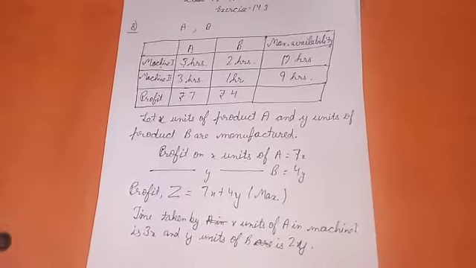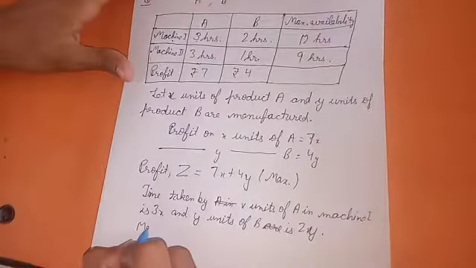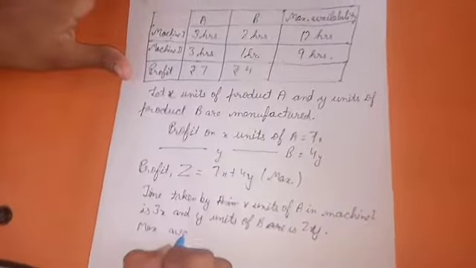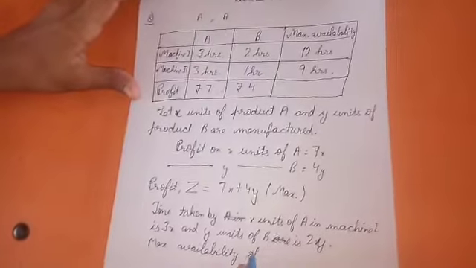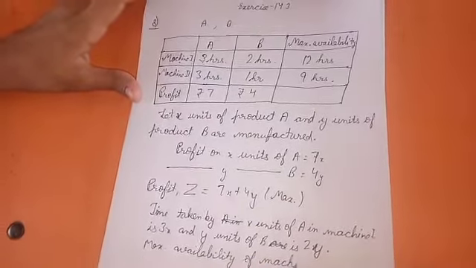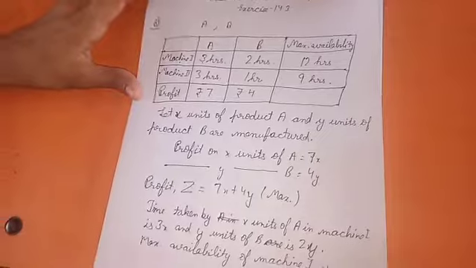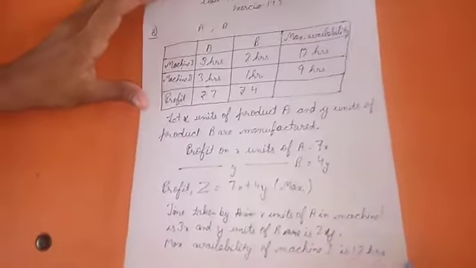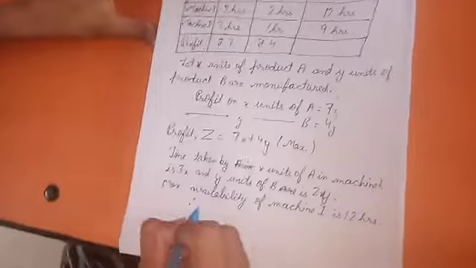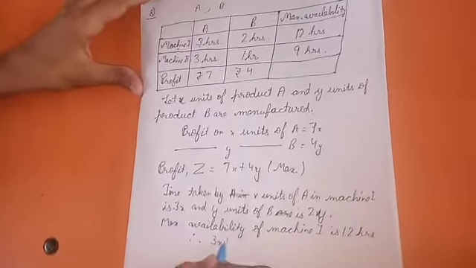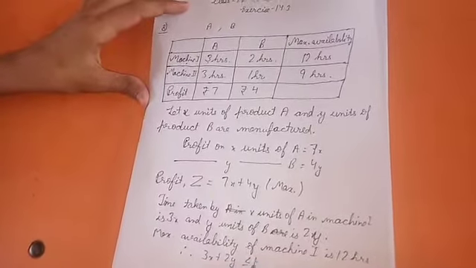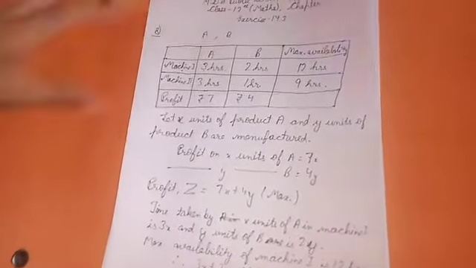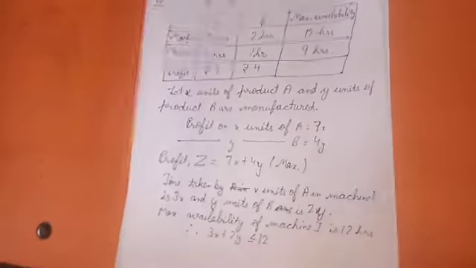Now next, maximum availability of machine 1 is 12 hours. Therefore 3x plus 2y must be less than or equal to 12, because it is the maximum availability, so we use the less than or equal to sign. This is for machine 1.